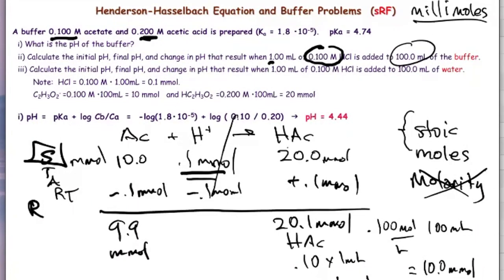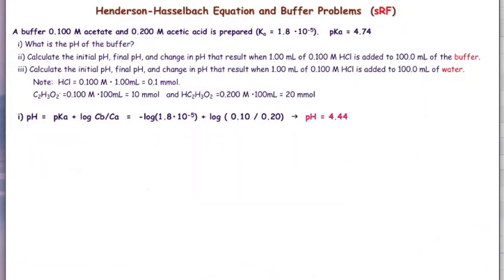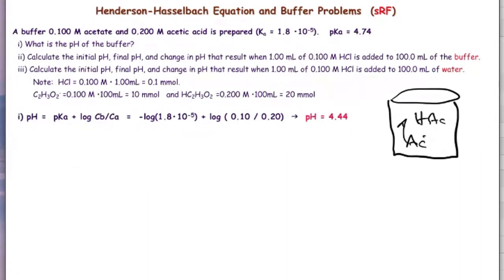So remember this, because I got to clean my screen again. These are the initial concentrations of the chemicals that are going to be in my beaker. So what happens is that when all the acid reacts with the acetate ion, the acetate ion will turn over to acetic acid, because the acid, the H plus, is going to react with that.